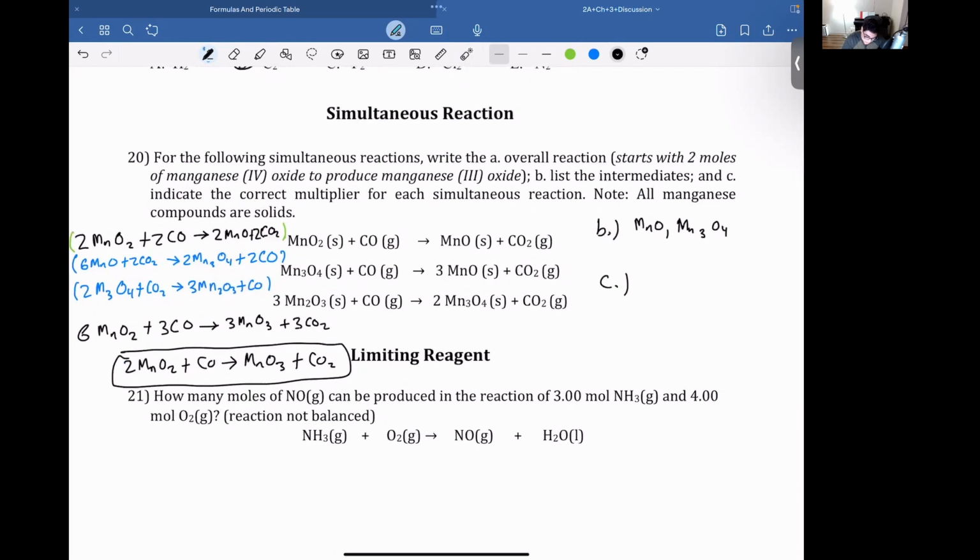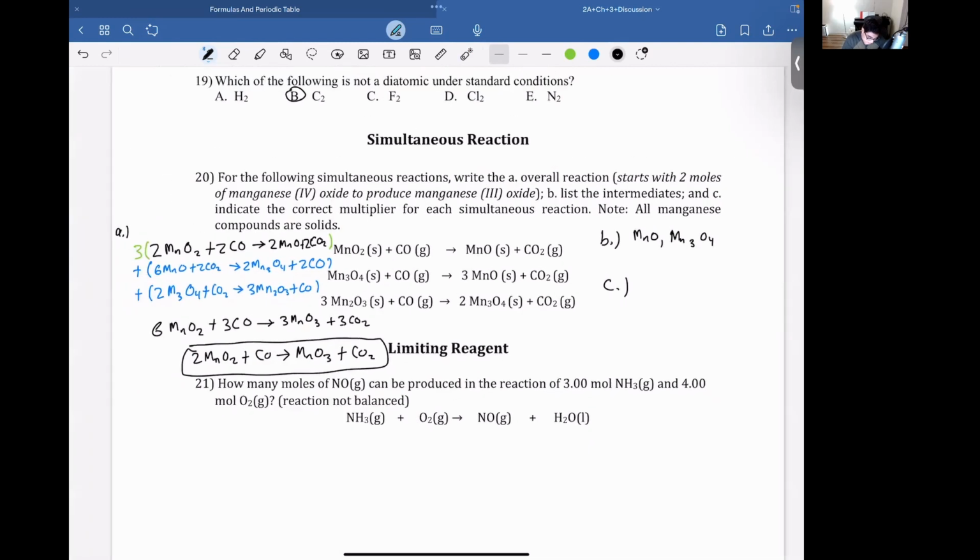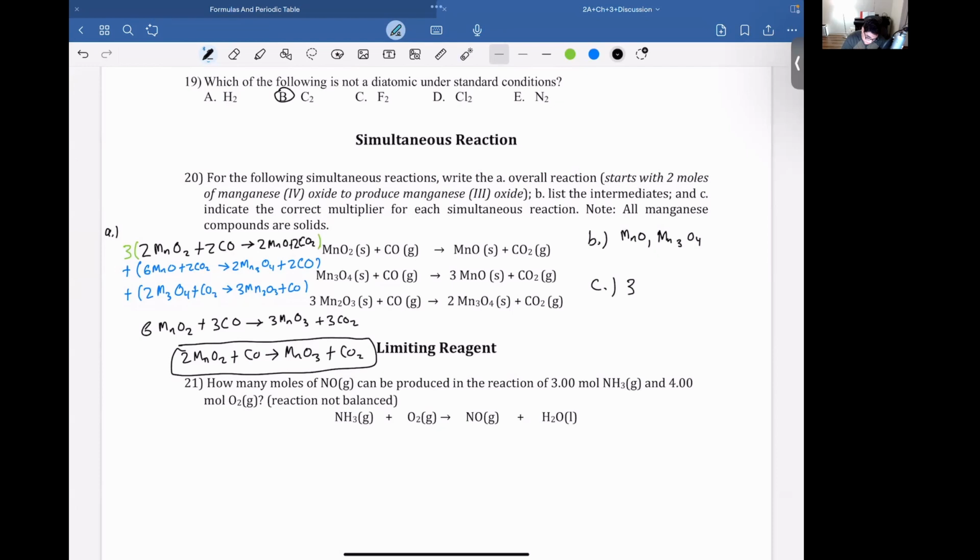And then for C, it says indicate the correct multiplier for each reaction. So I did 3 and then 2 and I reversed it. So you can say -2, that would be the multiplier.